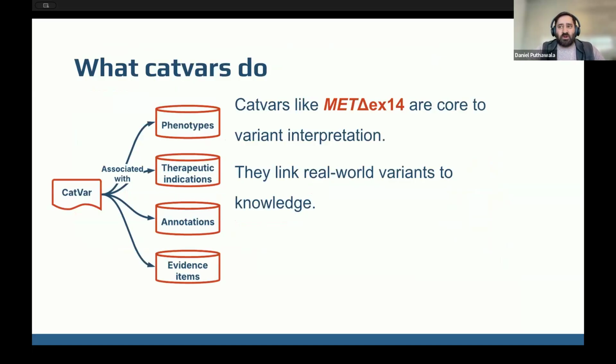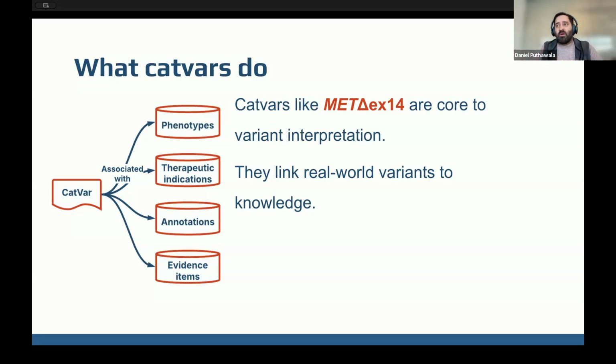Now, the reason why Cat-VRS categorical variants are important is because they're core to variant interpretation. When someone publishes a paper and they say, MET amplification is associated with this bad thing happening, they're using a group label of variants to associate that with genomic knowledge.